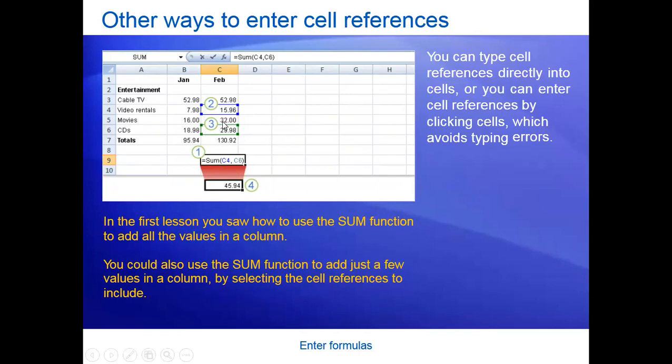Pwede nating i-click yan. Example, kasi hindi naman natin ma-highlight yan as one. Ang gusto lang natin yung may mga values na gusto lang natin na i-add. Example, yung C4 at saka yung C6. So, nalampasan niya yung C5, yung movies. Ang i-add mo lang yung value of video rentals at saka CDs.